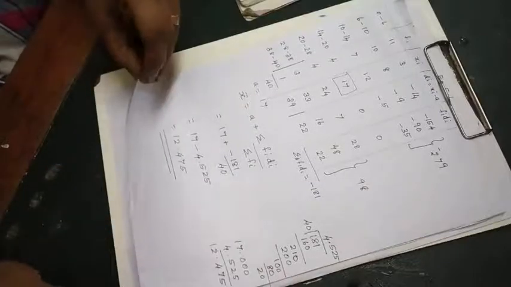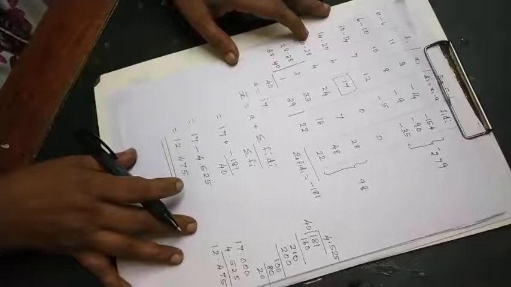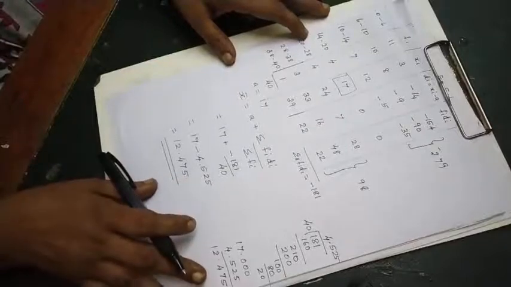Ninth one, you see, the following table gives the literacy rate of 35 cities. Find the mean literacy rate.